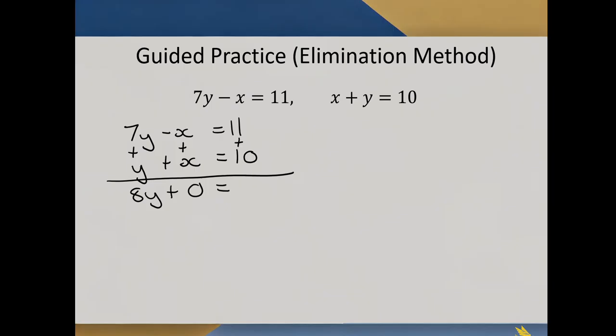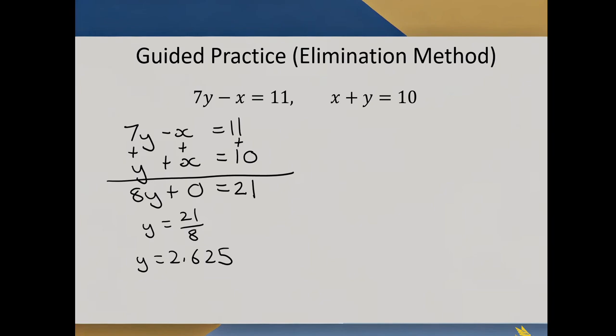And 11 plus 10 equals 21. The next step here is to be able to get my y by itself. So I am dividing 21 by 8. And that will give me y is equal to 2.625.